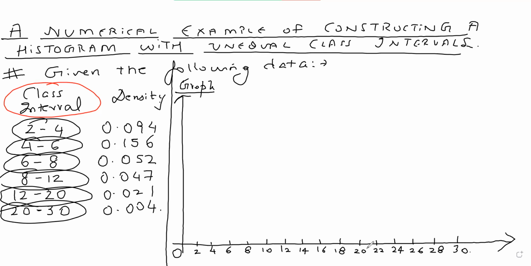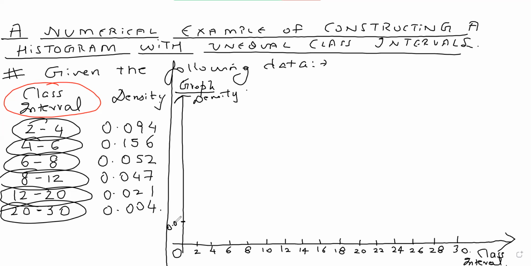I have taken 1 centimeter gap and taken the class intervals from 0 to 30. On the horizontal axis, I write class interval, and on the vertical axis, we have density. Densities are anyways not exceeding 0.2. So I take 1 centimeter gap, let's say this is 0.05.